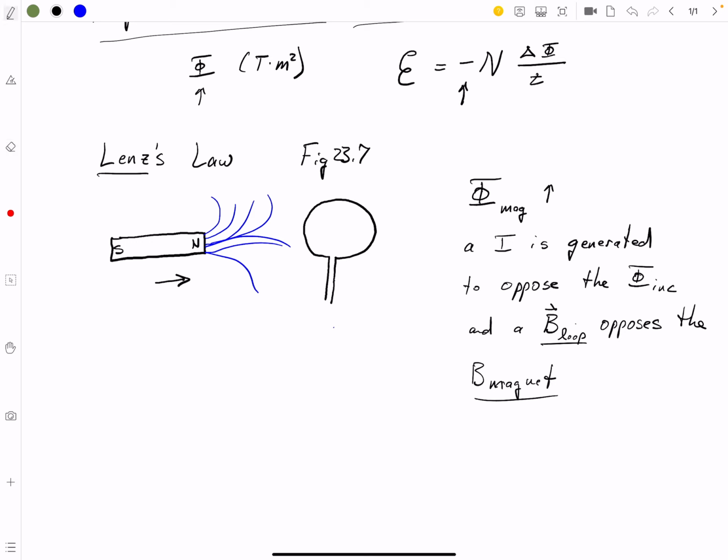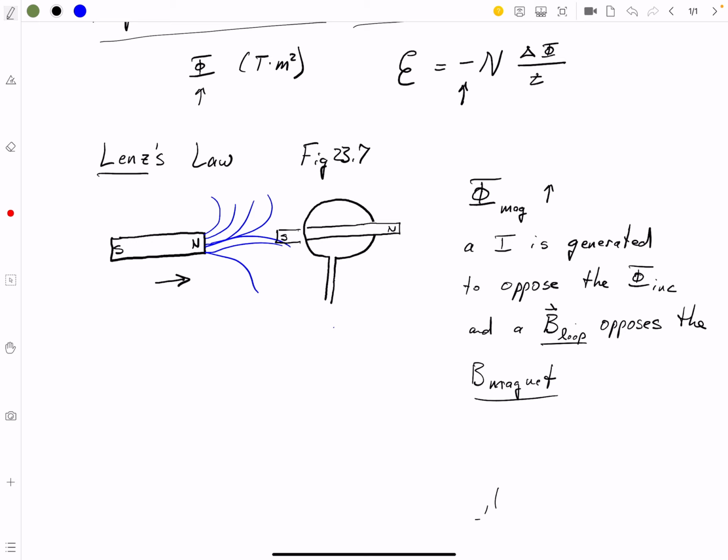But every single thing that happens, so let's draw the magnet so we can see which side is positive. So here's our north side, here's our south side.